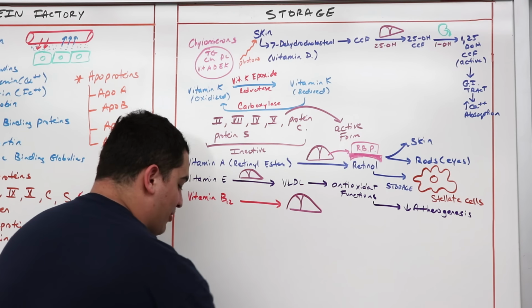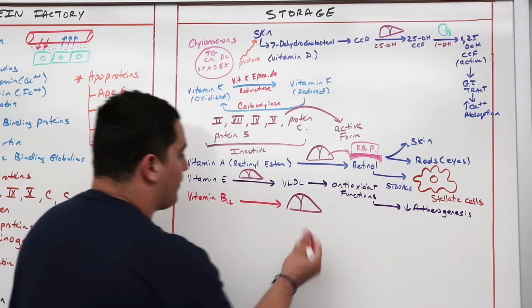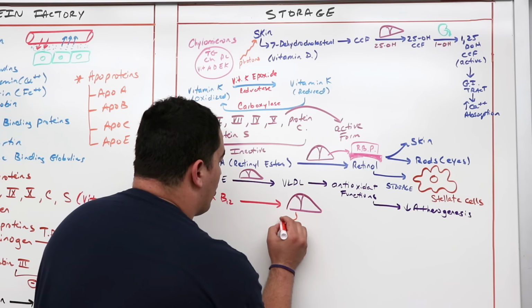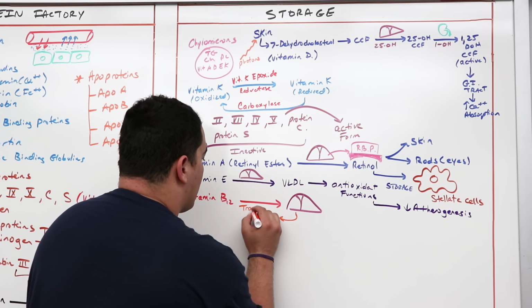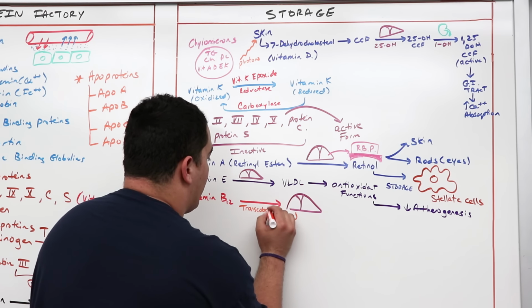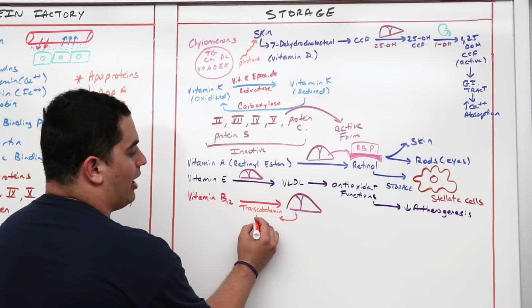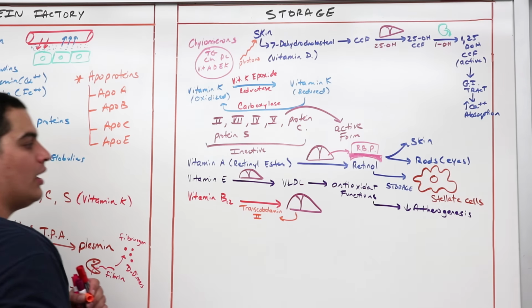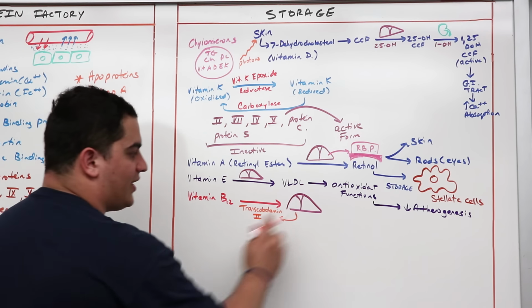So look at this, there's a protein here made by the liver, and this protein is called transcobalamin. If you want to be specific, it's transcobalamin type 2. And it binds onto the vitamin B12 and takes it to the liver.